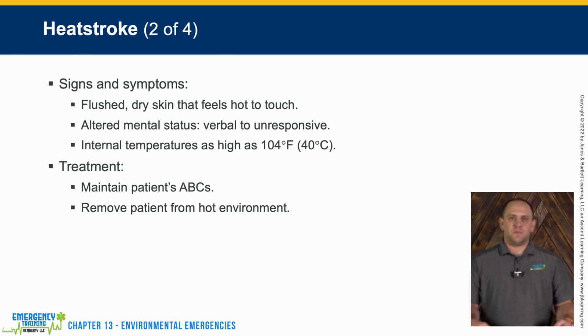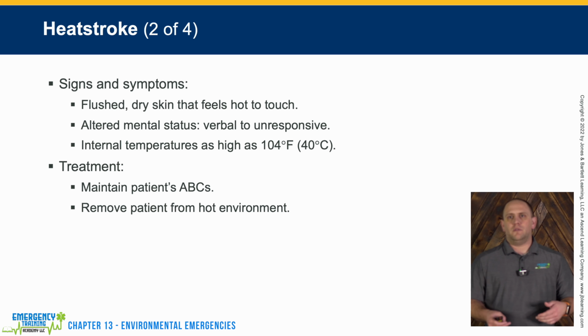Our signs and symptoms for heat stroke: first, we're going to see flushed, dry skin that feels hot to the touch. Like I said, with heat exhaustion, those patients are sweating. As soon as we see that the body has lost the ability to cool itself through sweating and they're now dry and flushed, we can really key in that they've moved into heat stroke. At this point, they're probably going to have an altered mental status.